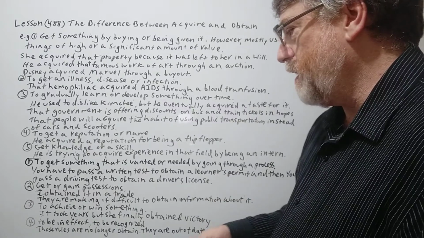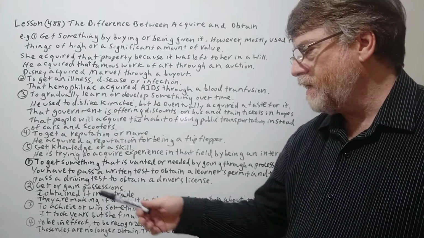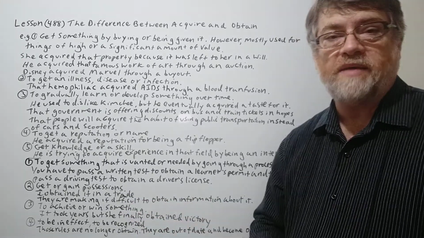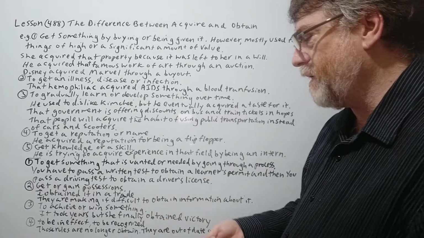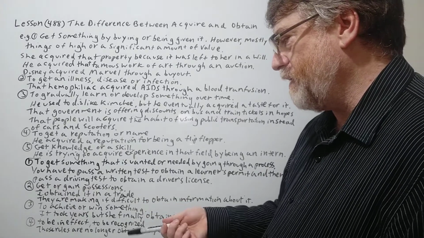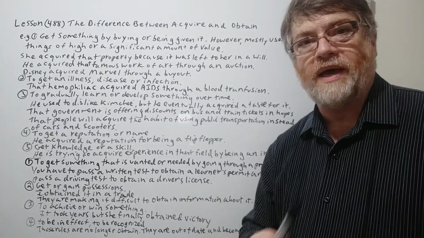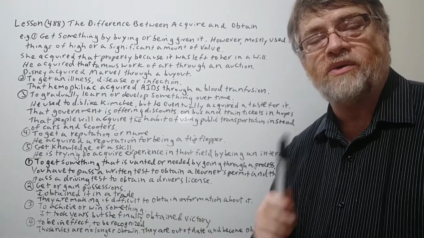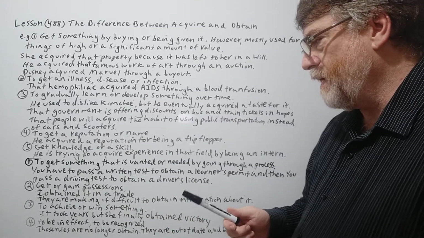Number 2, to get or gain possessions. Yes. I obtained it in a trade. Maybe you got something by trading it. That's how you got it. You obtained it that way. They are making it difficult to obtain information about it. So to gain this information, or again, get this information. Okay, good.